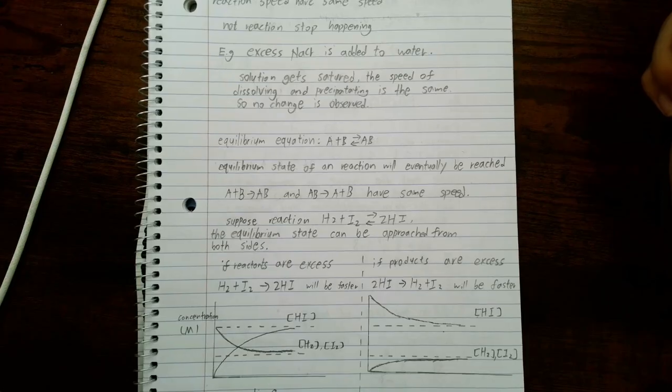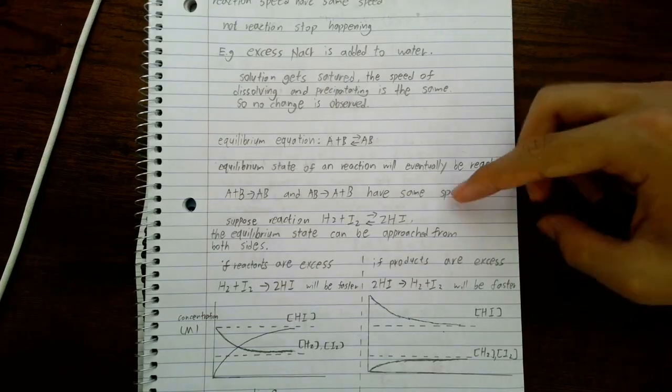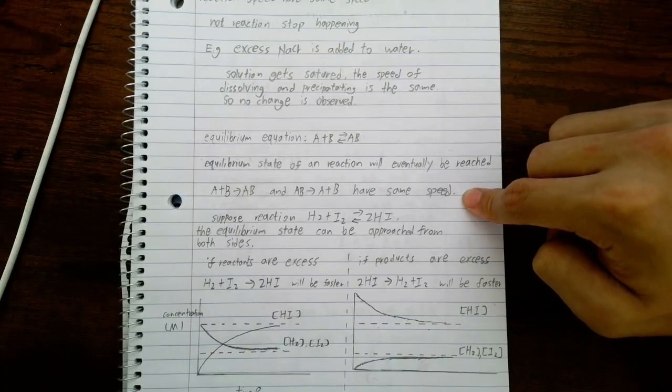Eventually, when the equilibrium state is very close to being achieved, the speed slows down as the concentration of the reactants or the product, the one that's in excess, has decreased. So here they have the same speed, the forward one and the backward one.